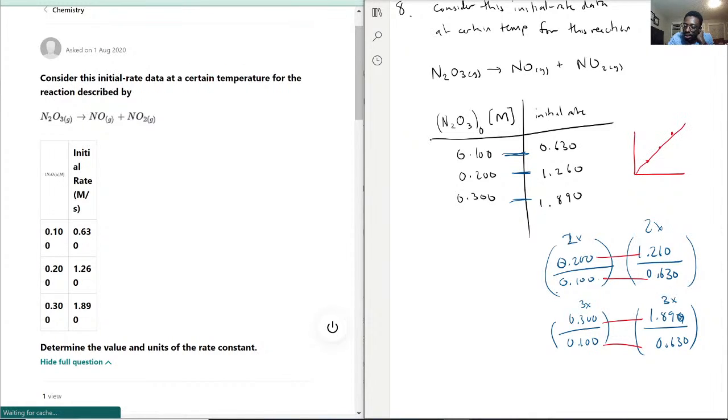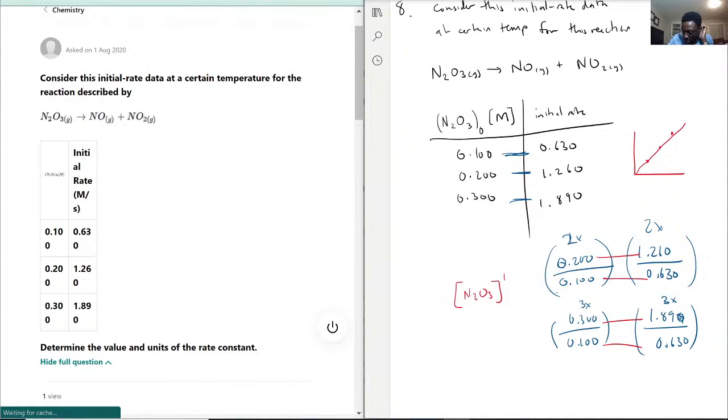All right, so with that being said, this is a linear relationship, not an exponential relationship. So that means that the rate is going to be to the power of 1, because the power of 1 is what implies a linear relationship. So really, you have rate equals K times the concentration of N2O3 to the power of 1.